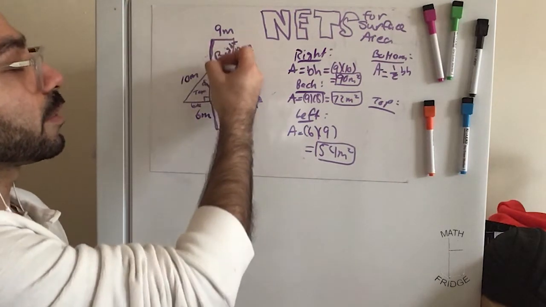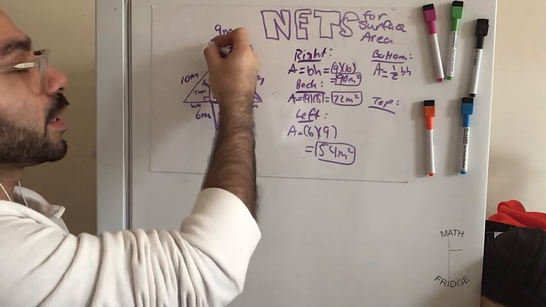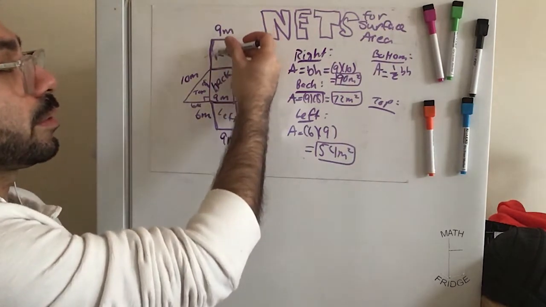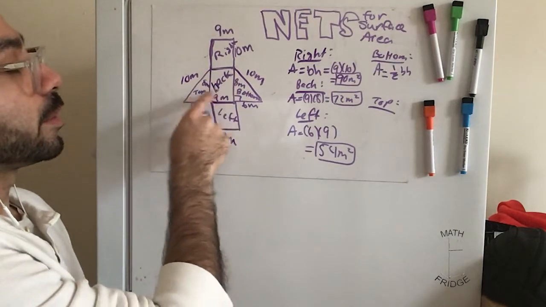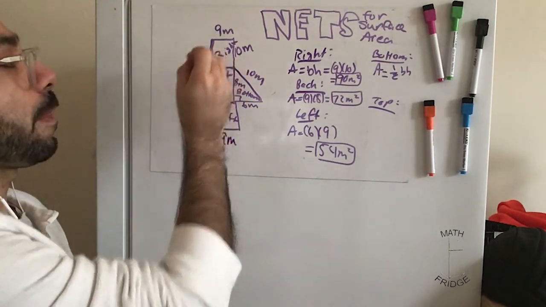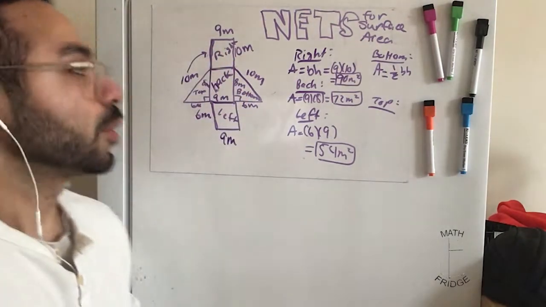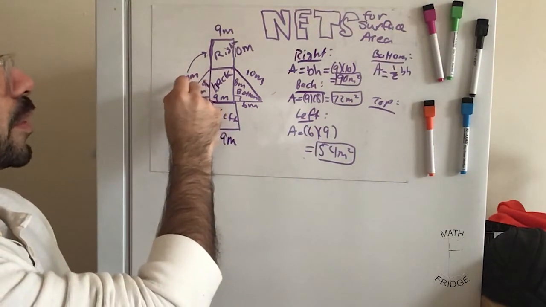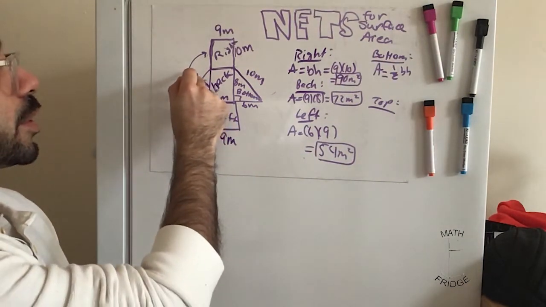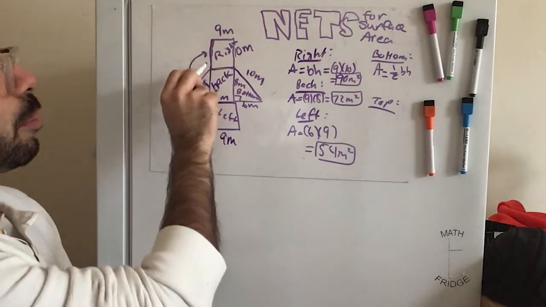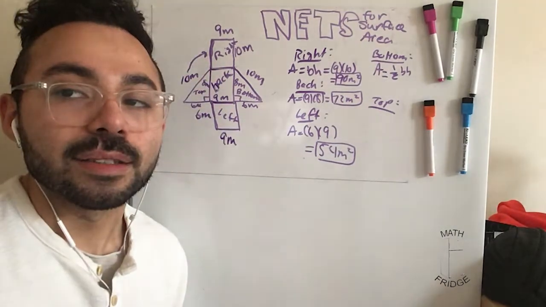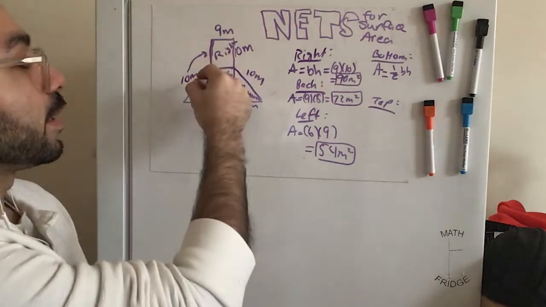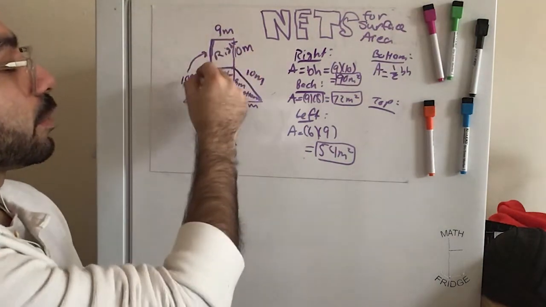So the length going in this direction of our right rectangle will have the same length as the hypotenuse of both of these right triangles. When you see the length of your hypotenuse, you can make a nice little arrow pointing to this length to indicate that that 10 is going to be the same length here as it will be here.